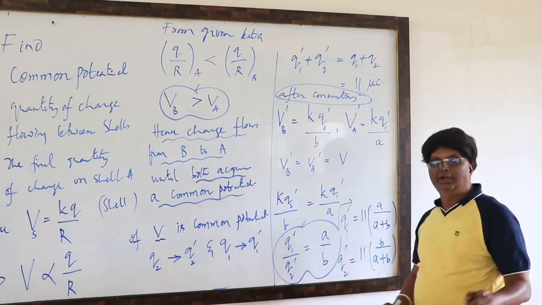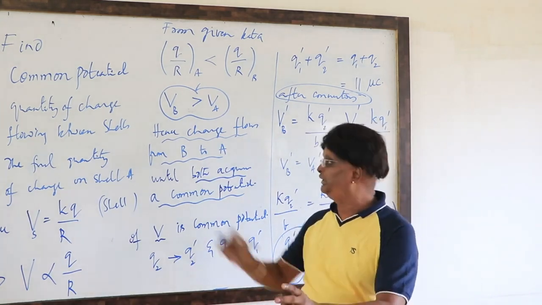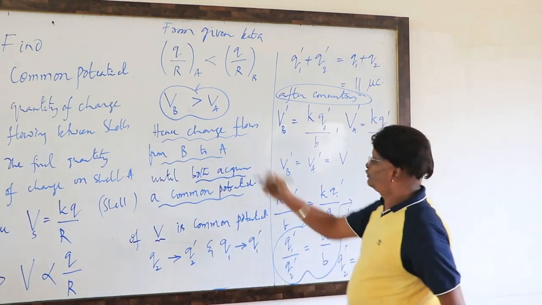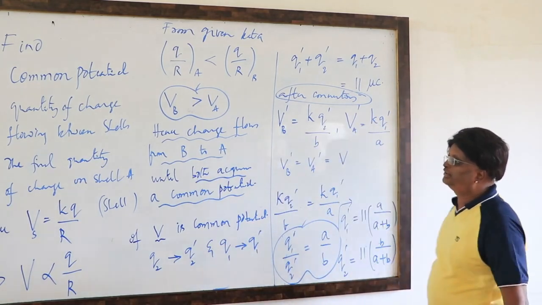So this is how you have calculated the charges on the shells after they have been connected by a wire. Now the second part is the quantity of charge that flows.